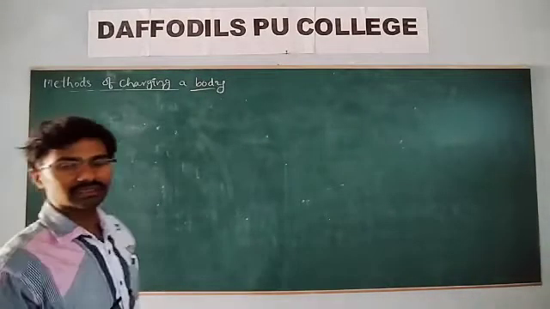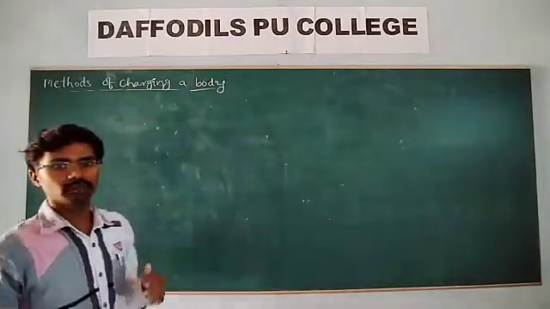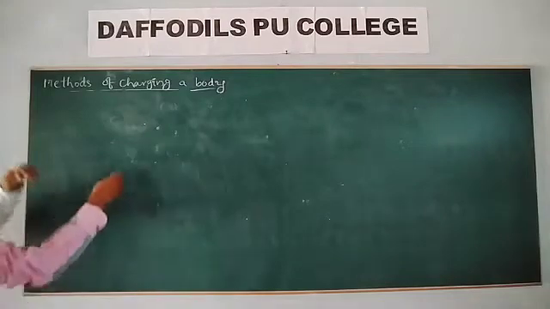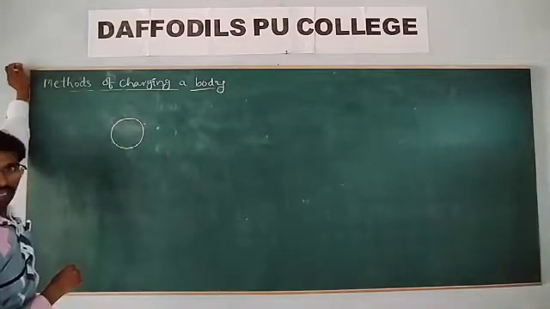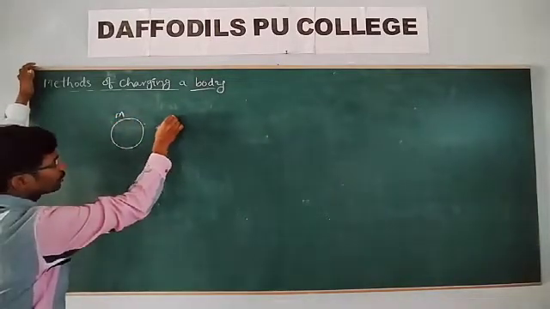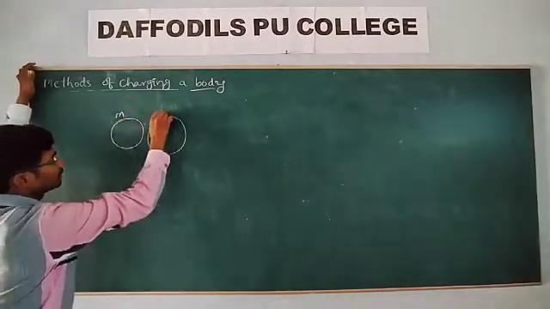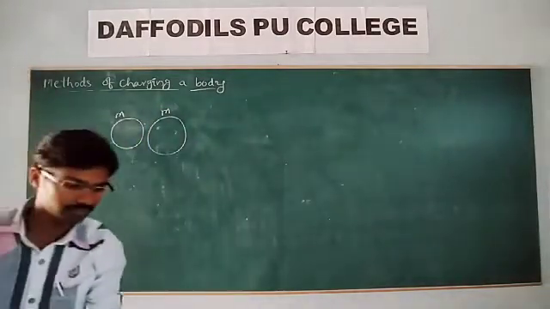These are the methods of charging a body. Then what will happen when a body is charged? Let me discuss one example. We have one body having mass m, and a second body also having the same mass m.